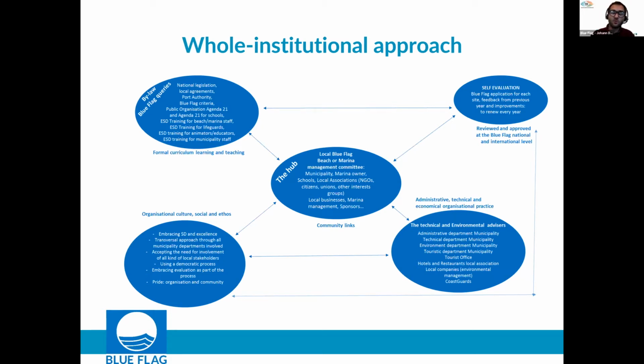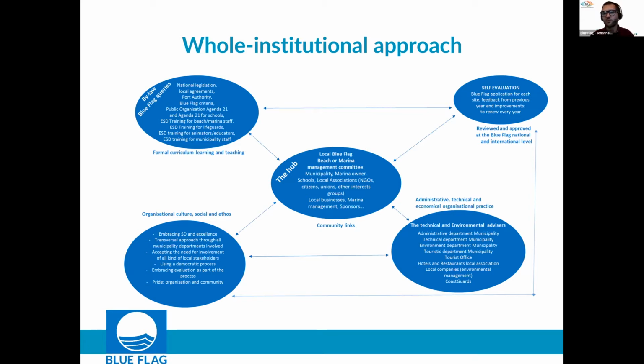That's another important point in these five different pillars. This is also the way, through administrative, technical, and economical organizational practice, that we bring everybody around the table. In different sectors, it could be the tourism sector, the hospitality sector or the public sector, there are quite often many silos and people don't talk to each other.